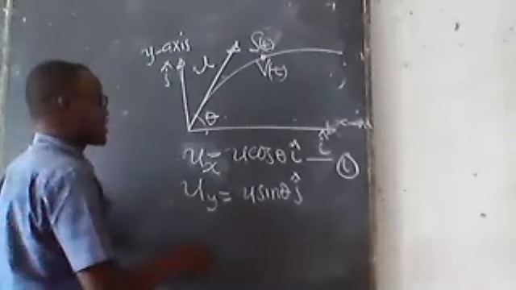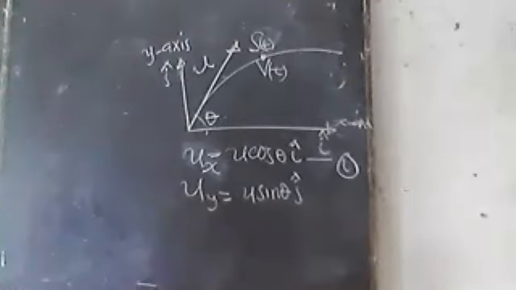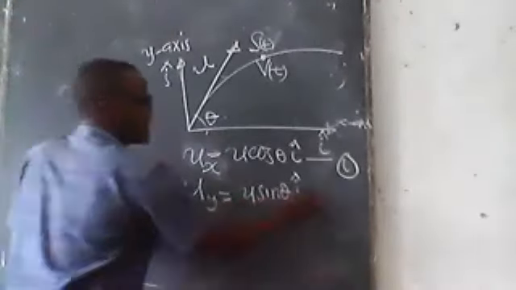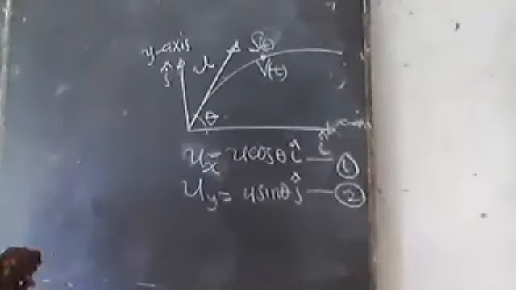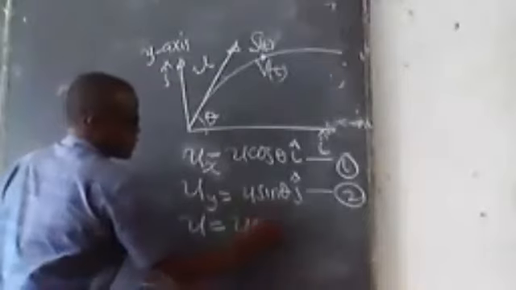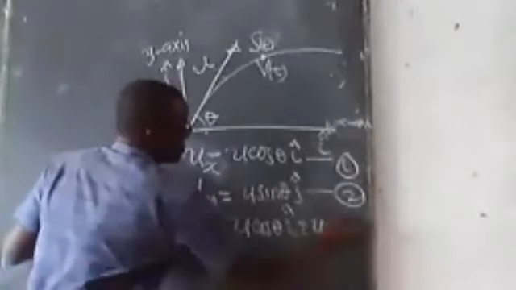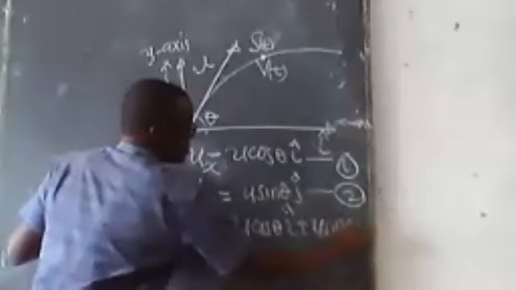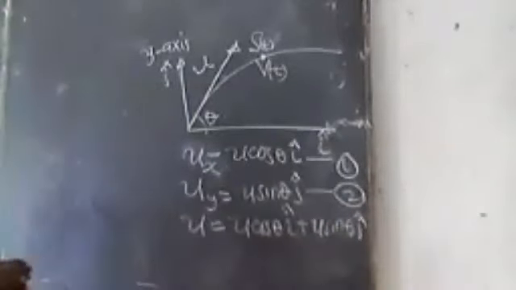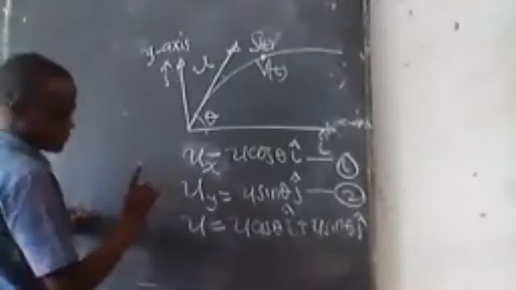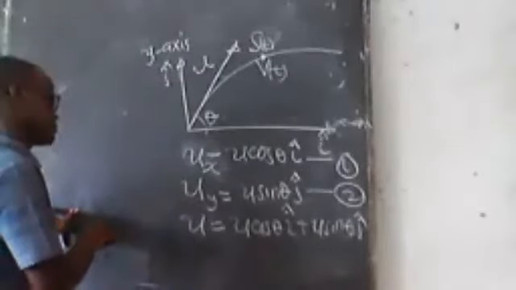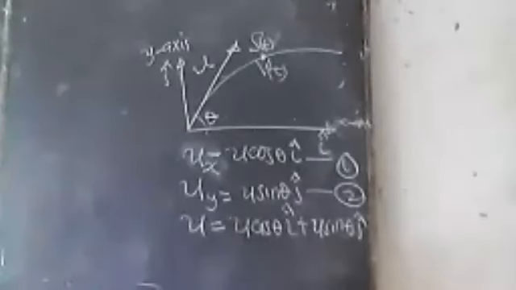So if I combine equation 1 and 2, the initial velocity is u cos theta i plus u sin theta j. Is that okay? Yes, teacher.